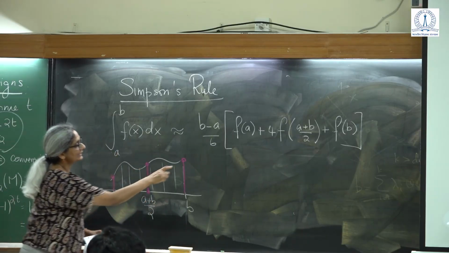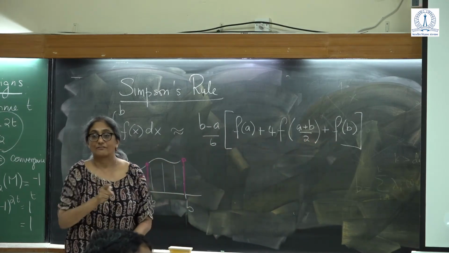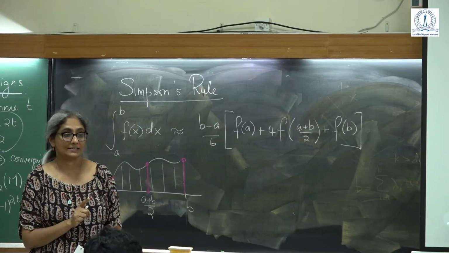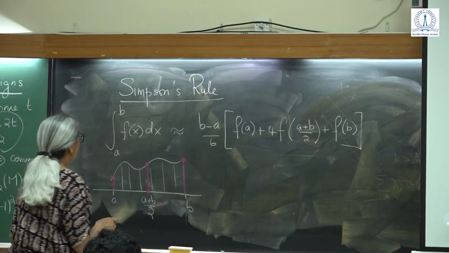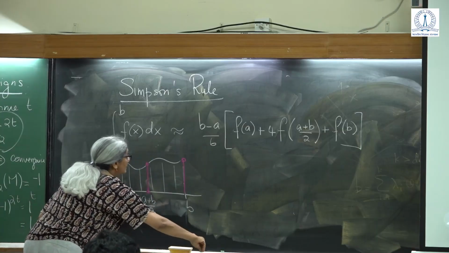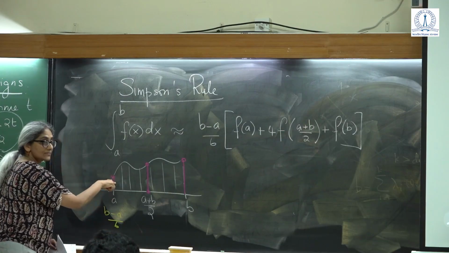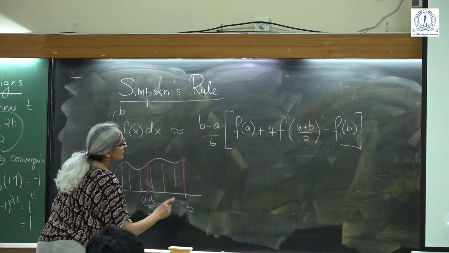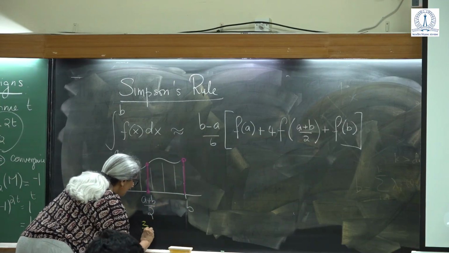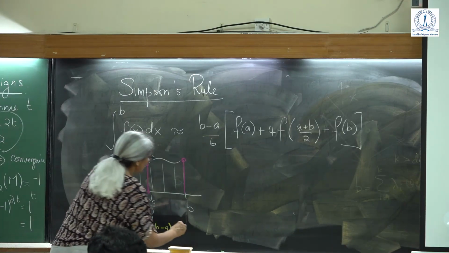So I only need 3 function values, but I have to put weights in front of them to get the full integral. So what are the weights? f(a) I have to weight with (b minus a) over 6. That one is 2/3 times (b minus a), and then the last one is (b minus a) over 6.